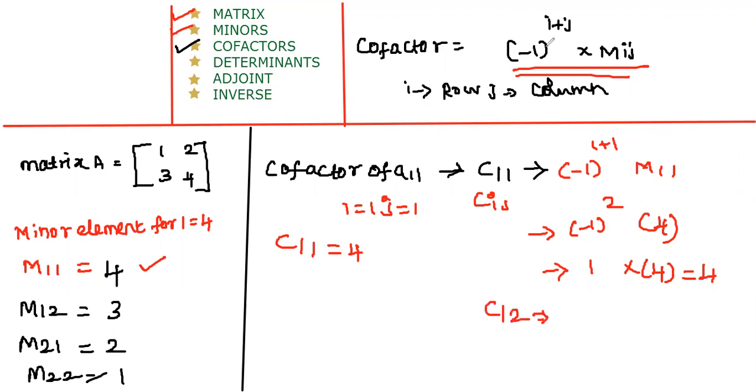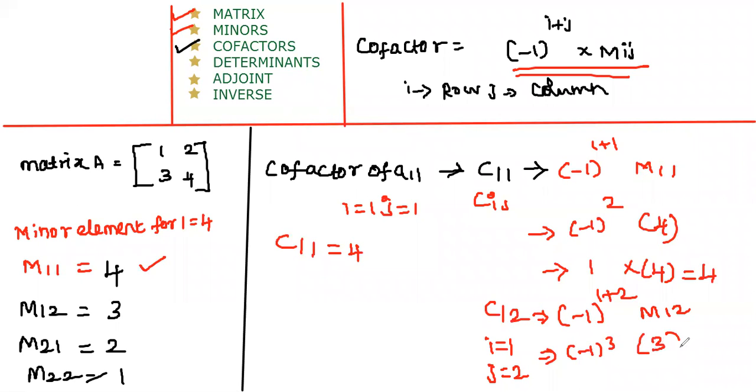And what about C12? C12 means again you have to substitute i as 1 and j as 2 in this formula. It's going to be -1 whole power 1 plus 2 and M12, because the value of i is 1 and the value of j is 2, right? So it's going to be -1 whole power 3, and the value of M12 is 3.